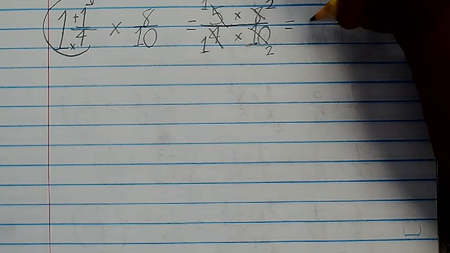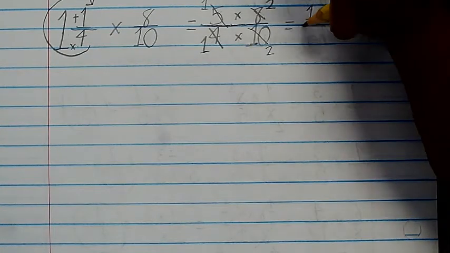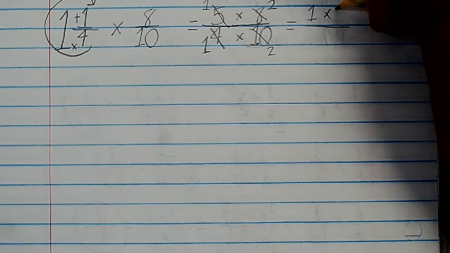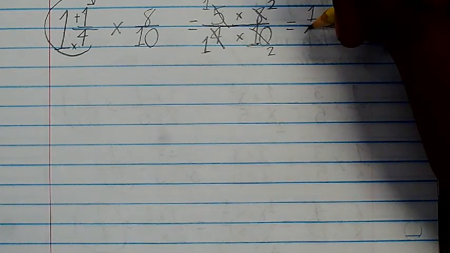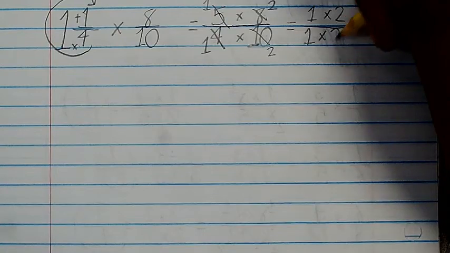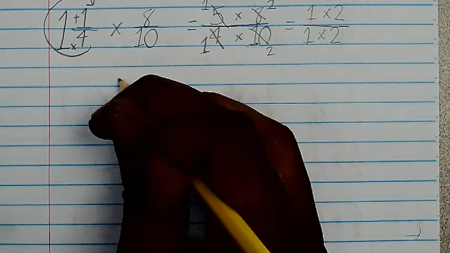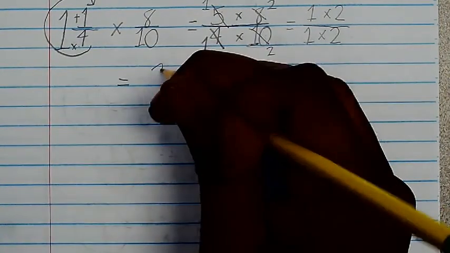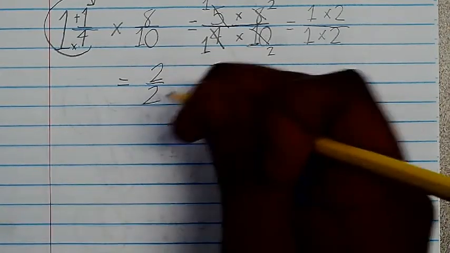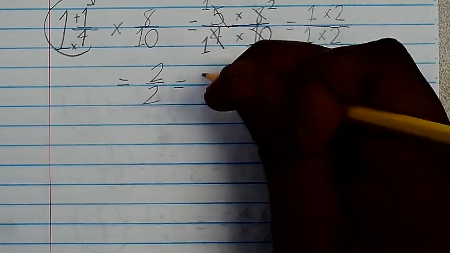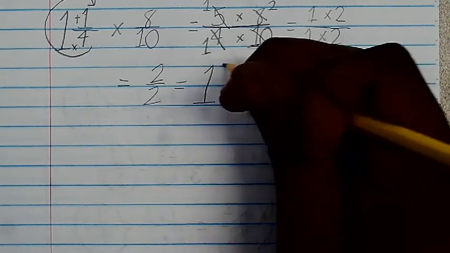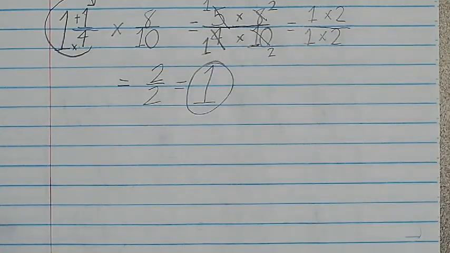So of course, when we multiply, that's 1 times 2 over 1 times 2. And then that's going to equal, of course, 2 over 2, which equals 1 whole. Okay? And that is the final answer for that problem.